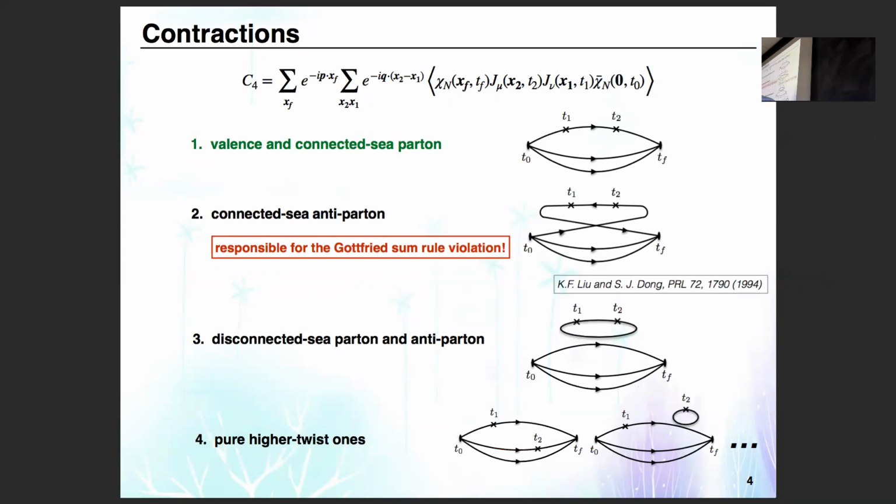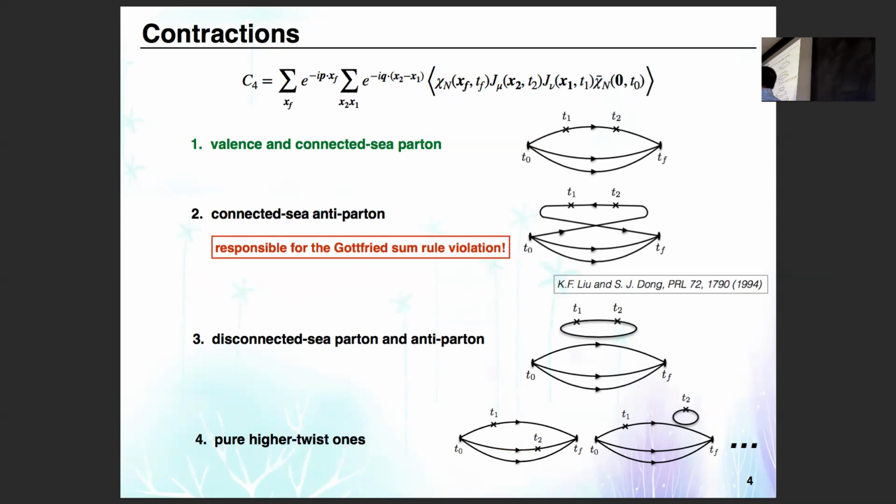This is according to Keh-Fei's old paper. So this is the reason why we have the Gottfried sum rule violation. This one can explain the difference of the ū-d̄ contribution.